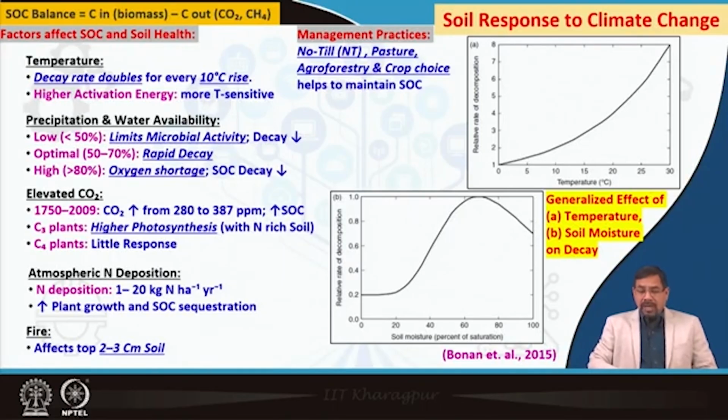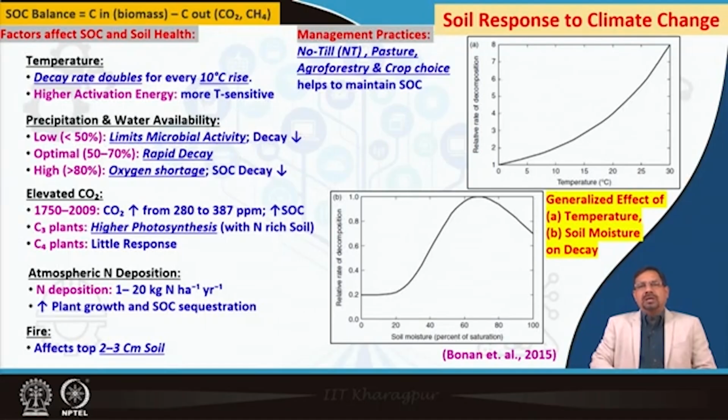On the y-axis it is showing relative rate of decomposition, and on the x-axis for the upper one it is showing the temperature from 0 to 30 degrees, and for the lower one it is showing the soil moisture content in terms of percentage of saturation from 0 to 100, and both of them are showing a different indication.